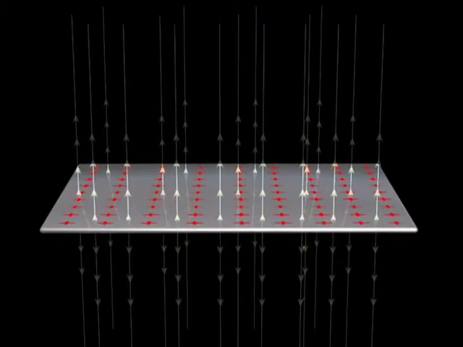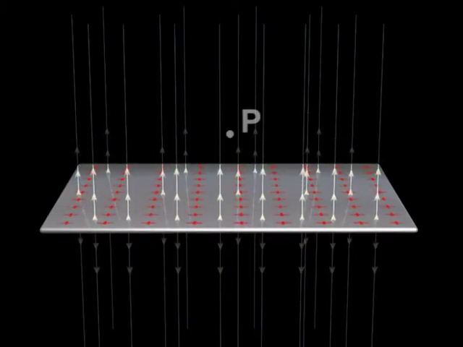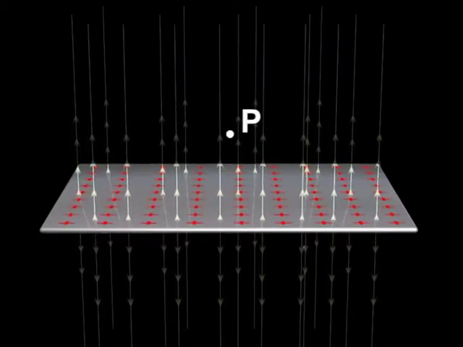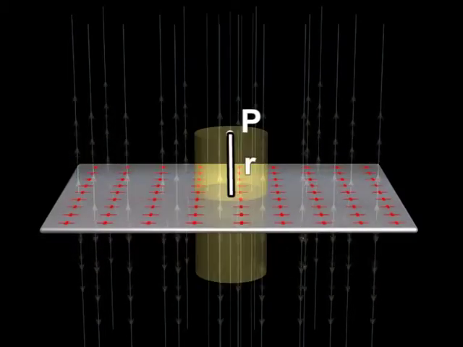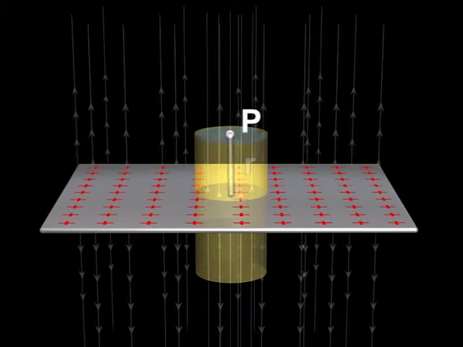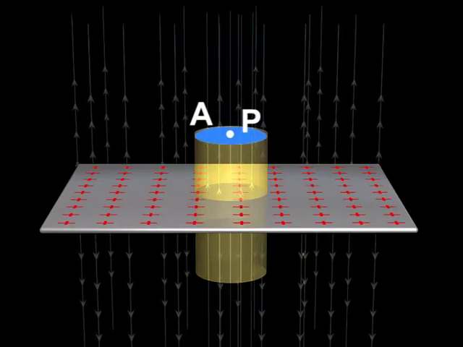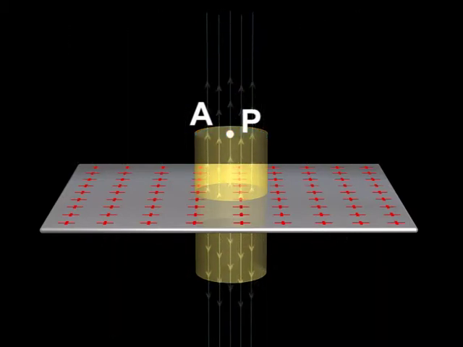For finding the electric field due to the plane sheet of charge at any point P, distant r from it, consider a cylinder of cross-section area A as the Gaussian surface passing through the point P.